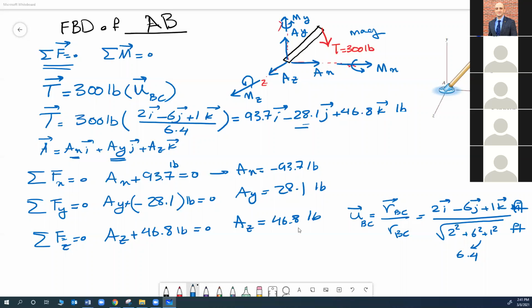The unit vector is over 6.4, right? Minus 6 over 6.4, minus 1 over 6.4, right? They're all multiplied by the same number. So how is this one smaller than that one? That doesn't make sense, right?